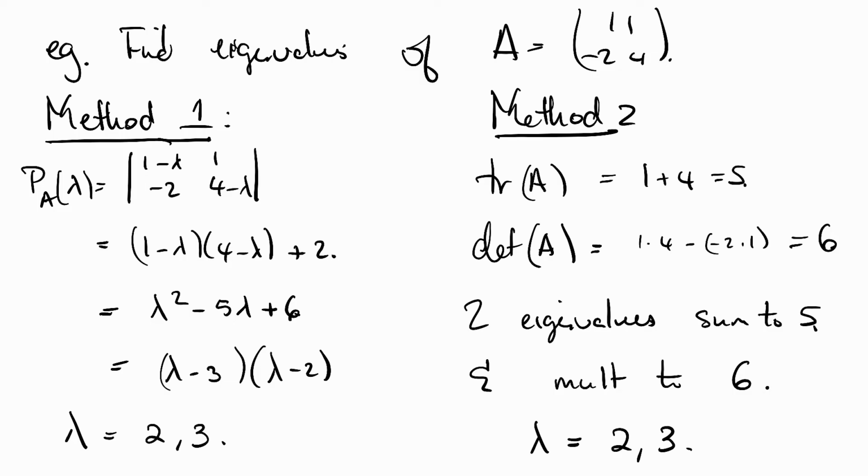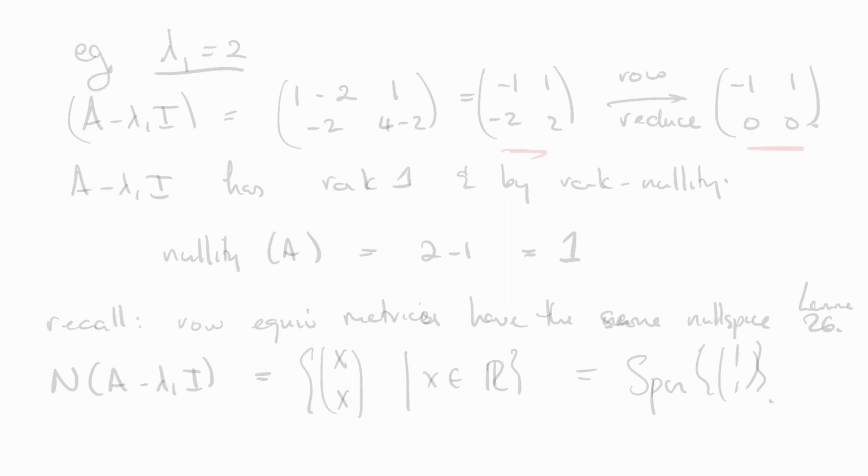Okay. We now have a few methods to find eigenvalues. Let's actually also find eigenvectors. Finding eigenvectors is a two-step process: eigenvalues, then eigenvectors. So, for the example that we just did, lambda_1 equals 2 is an eigenvalue.